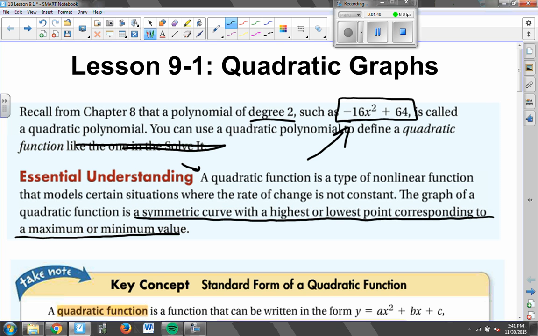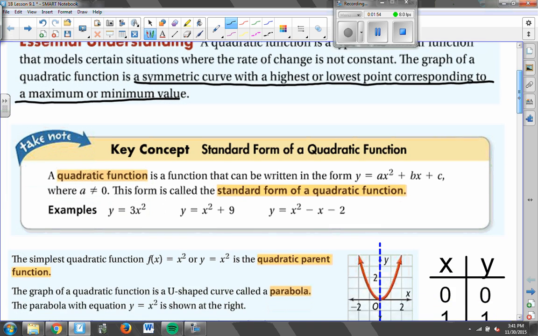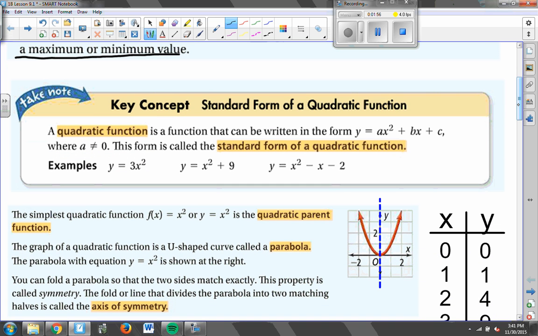And that's kind of our job for today, is to figure out our maximum and minimum values, the line of symmetry, and so on of these quadratic graphs. Okay? So a little bit of notes there, a little bit more notes right down here.